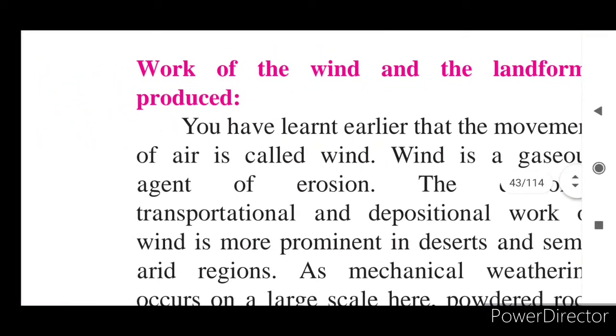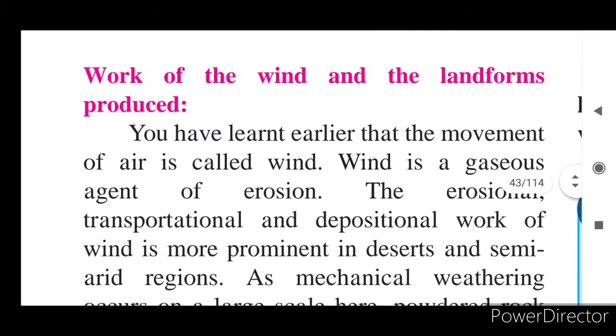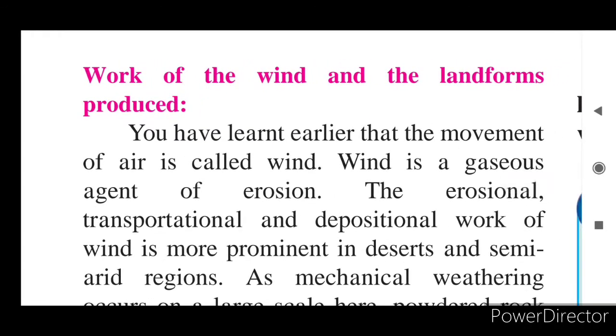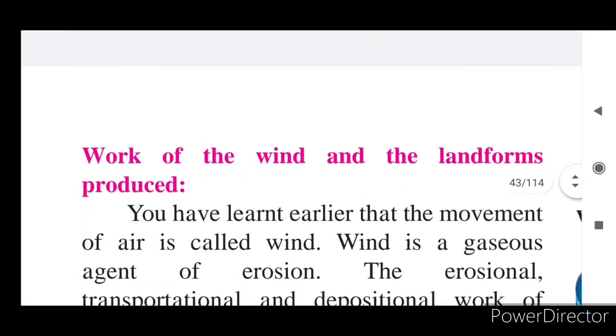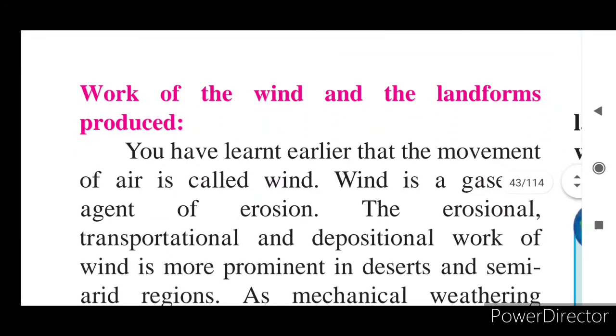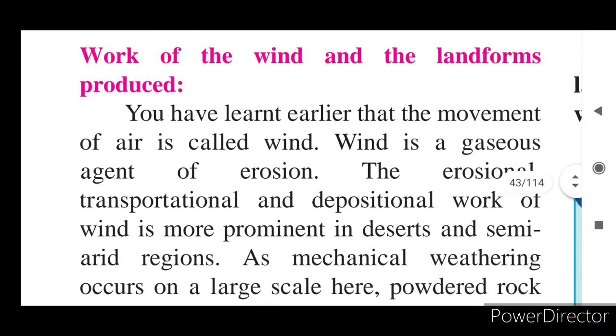Now we will see the work of the wind and the landforms produced by it. Now the next agent of erosion is wind. You have learnt earlier that the movement of air is called wind. Wind is a gaseous agent of erosion.